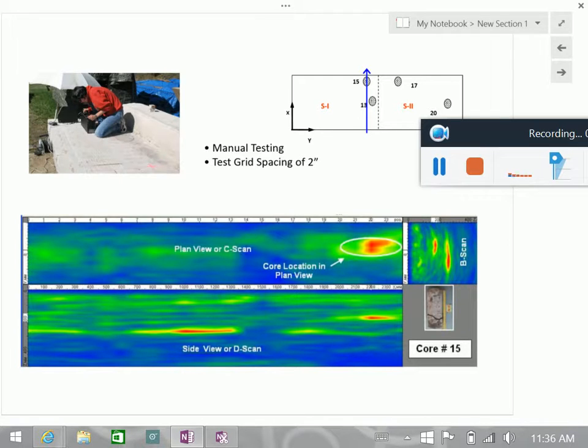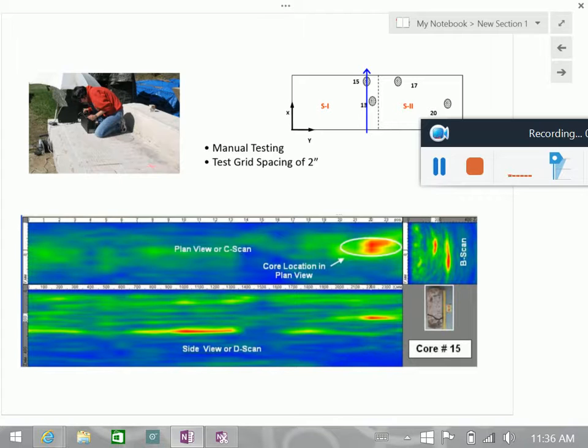Now, look at these C scan, D scan, and B scan. This is like a box that you have opened. So if you bring this all together, you are going to get a prism, right? So C scan is plan view. In NDE terminology, whenever you hear C scan, it's like a horizontal cross section.